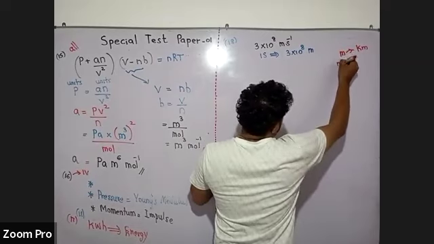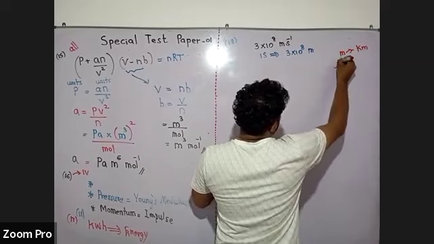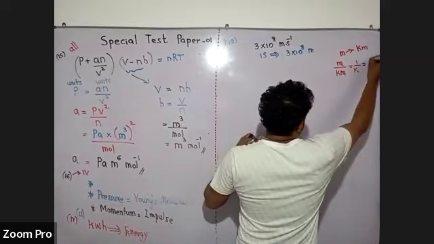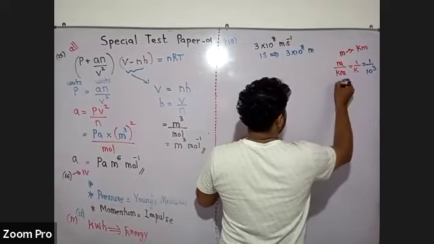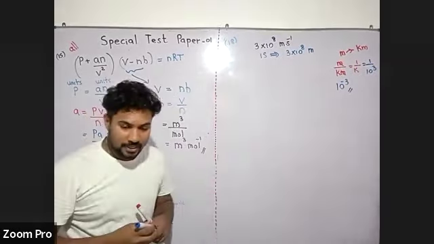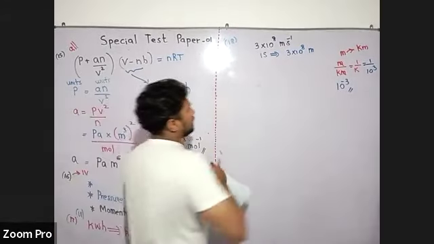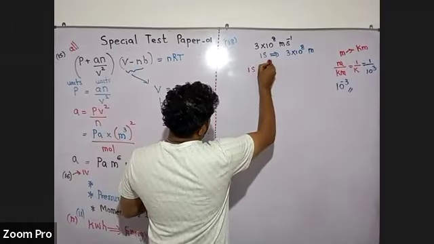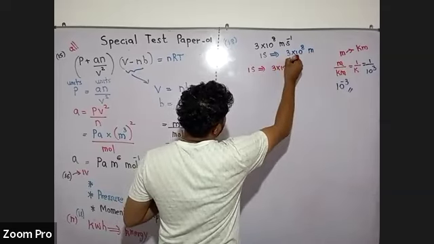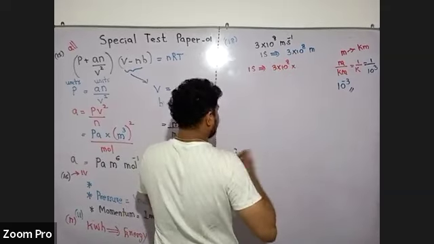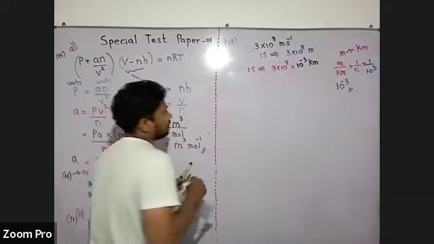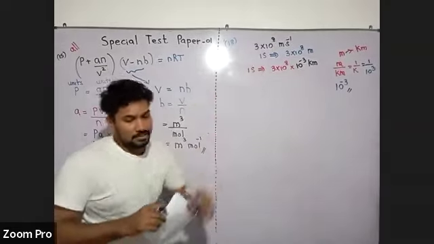Meters should be divided by kilo, so that means 1 over k. You know that k represents kilo, that is 10 to the power 3. So in order to convert meters into kilometers, you have to multiply the given value by 10 to the power minus 3. That's the meaning of this value.